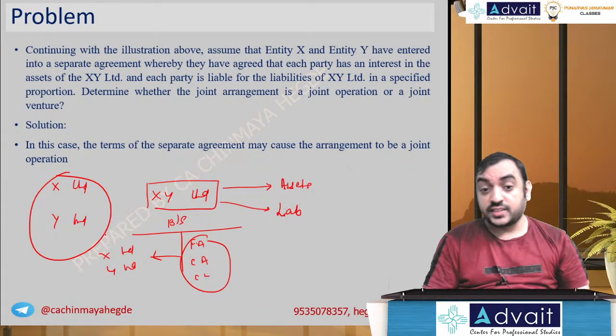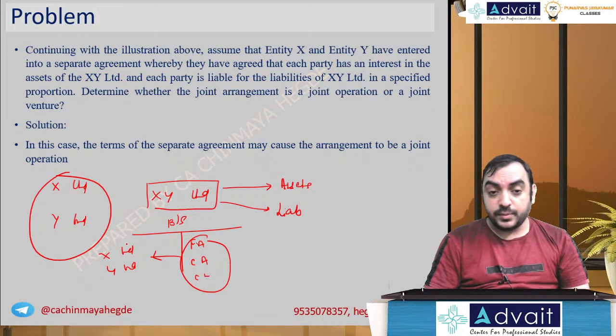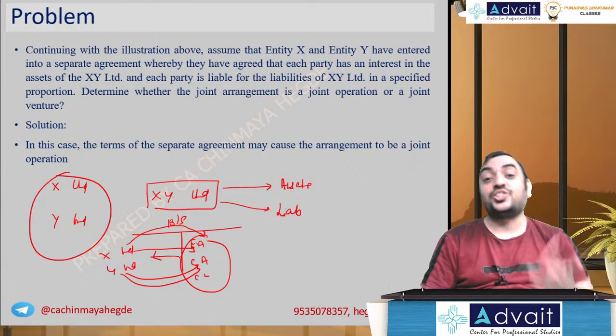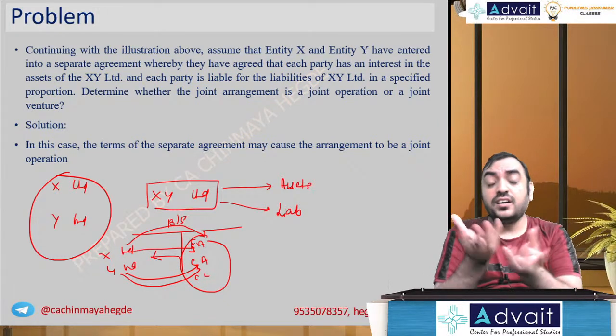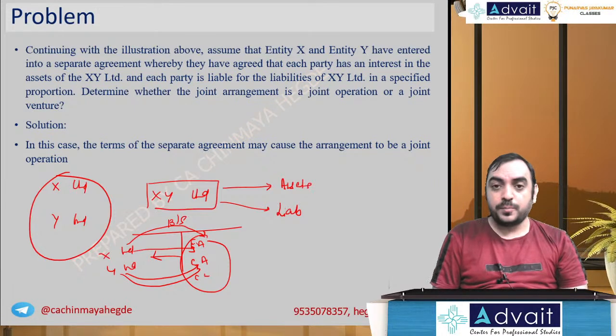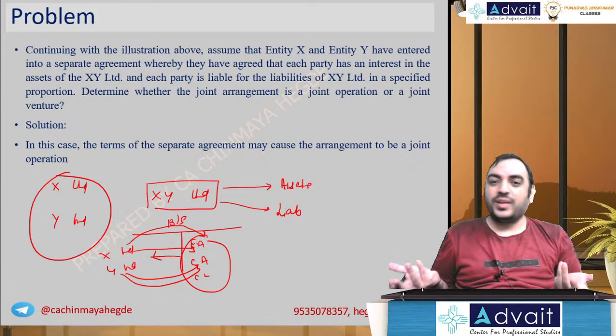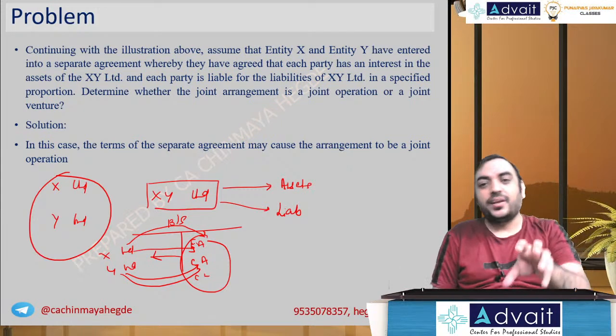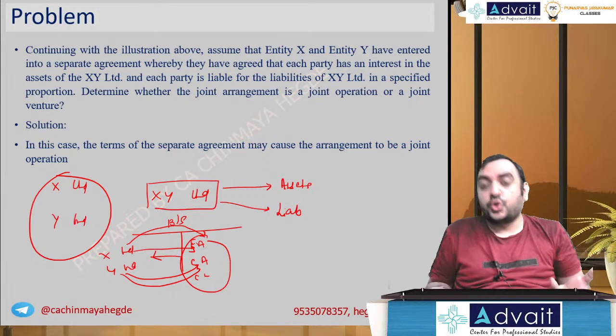But in this case, what is happening? We are saying X Limited will own fixed assets in 60-40, Y Limited will own current assets in 40-60. So when you have proportions like this, you don't have collective ownership, as good as not forming an entity, because forming an entity means the entity owns, you don't own.